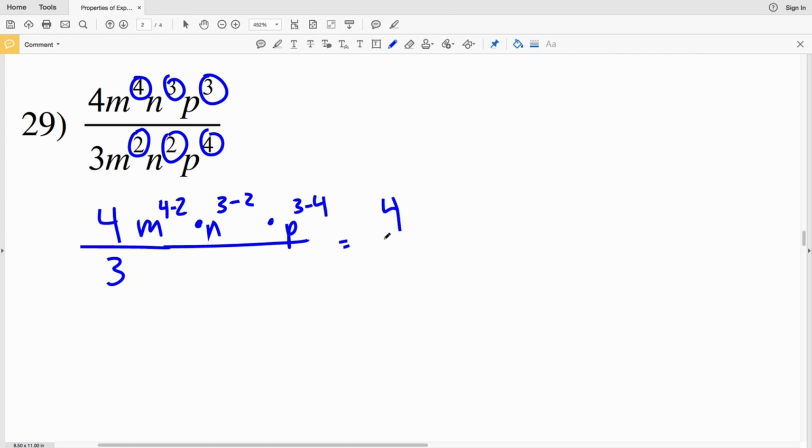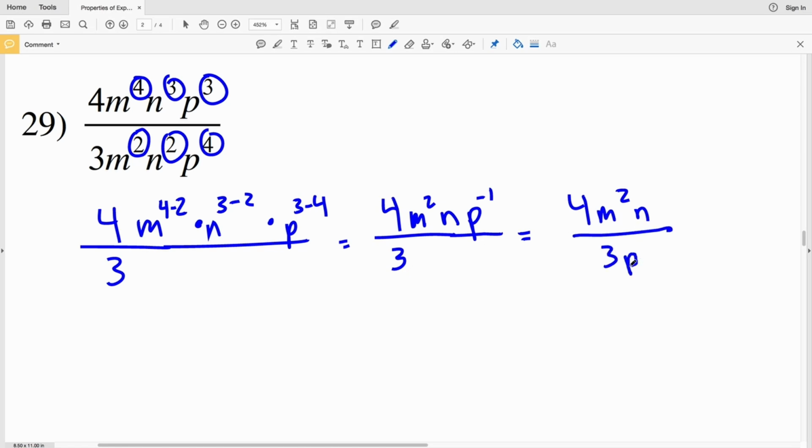That's equal to 4 thirds m squared times n to the first, which is n, times p to the negative 1. However, the p has a negative exponent, so I need to move it into the denominator. So that's 4 times m squared times n all over 3 times p to the first, or 3p.